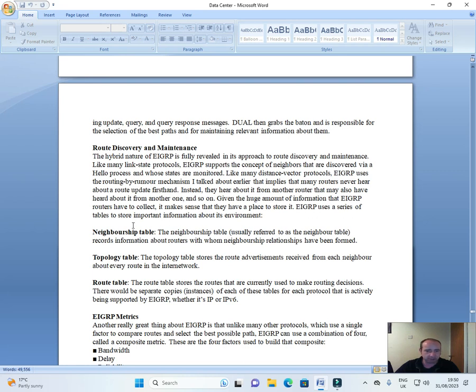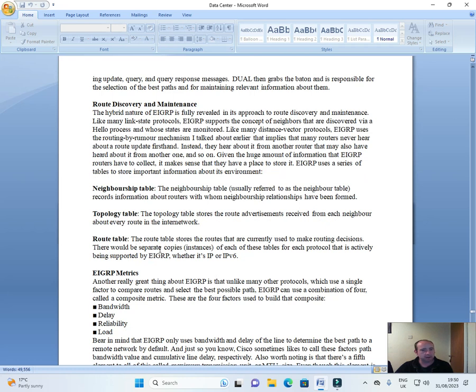EIGRP uses a series of tables to store important information about its environment. Neighbourship table. The neighbourship table, usually referred to as the neighbour table, records information about routers with whom neighbourship relationships have been formed. Topology table. The topology table stores the route advertisements received from each neighbour about every route in the internetwork.